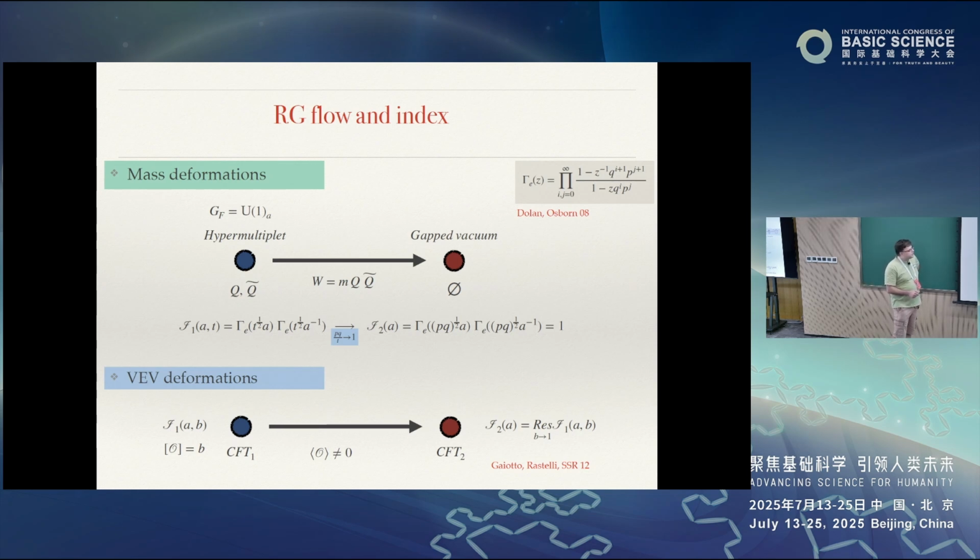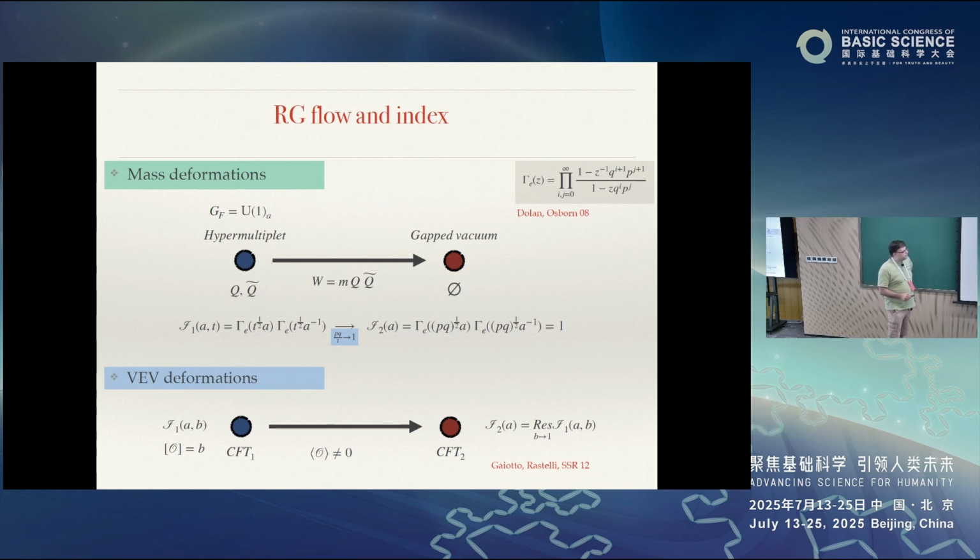The understanding that the index is related to special functions was observed by Dolan and Osborn in a very important paper, and I think it led to this understanding that you can relate the index to very concrete mathematics. A special function which has a name was very, very important. So here is the definition of the elliptic gamma function.